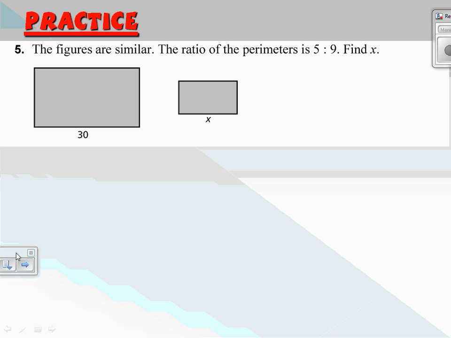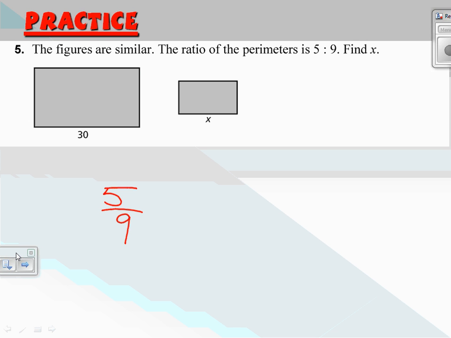So, this is what it says. The figures are similar. The ratio of the perimeters is 5 to 9. Find x. So I'm going to write 5 to 9 like a fraction. 5 indicates the smaller shape. 9 indicates the bigger shape.